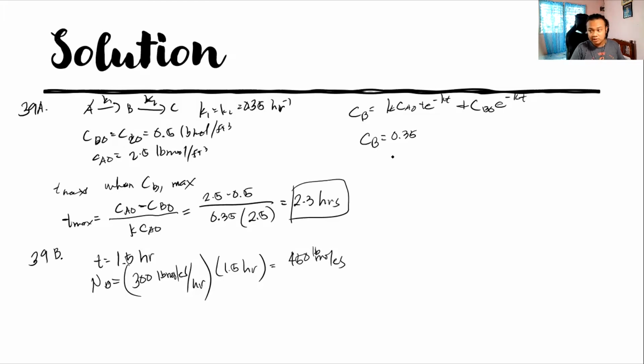It only accounts the 1 hour reaction time in this formula, but here it does not. Okay, we have to include the 1.5 hour.